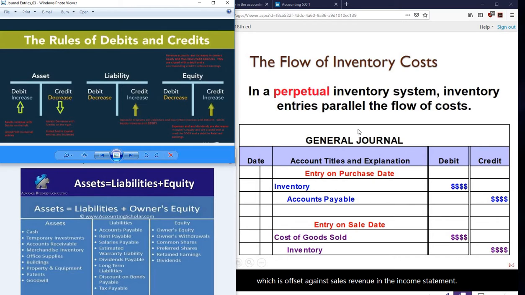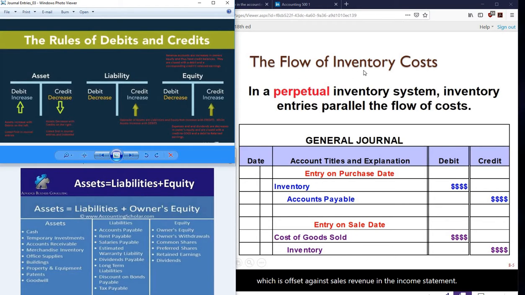I can't literally highlight it here, but this portion would be the asset side, and this side would be the liability or equity side. Okay? So what you have to identify is what type of account you're dealing with.